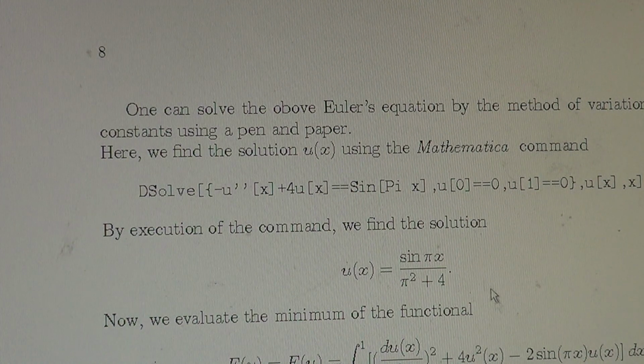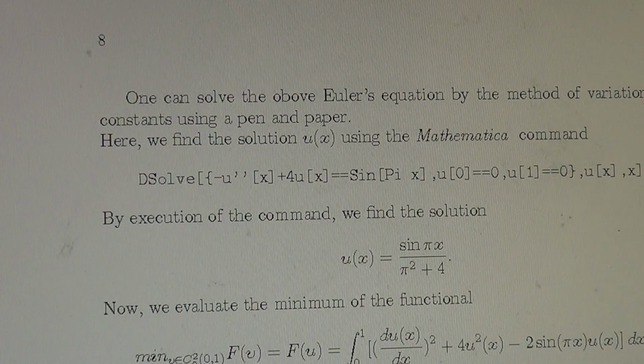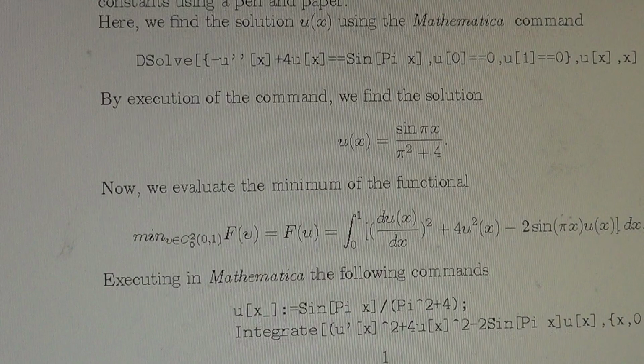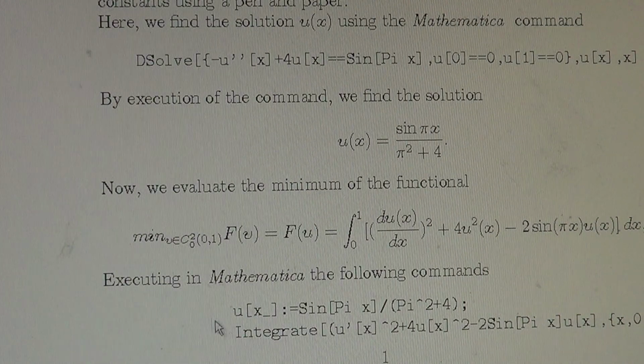Now to evaluate the minimum, we find the value of the functional f of u at this very solution u of x, sine pi x over pi square plus 4. Then again we can use Mathematica. We shall do it later, but now what commands do we have to enter?